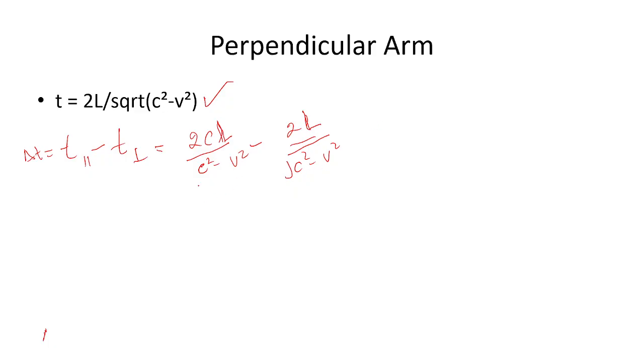So using the binomial theorem over here, let me simplify a little bit. This is 2CL over C square taken common, 1 minus V square over C square, and the other is 2L.